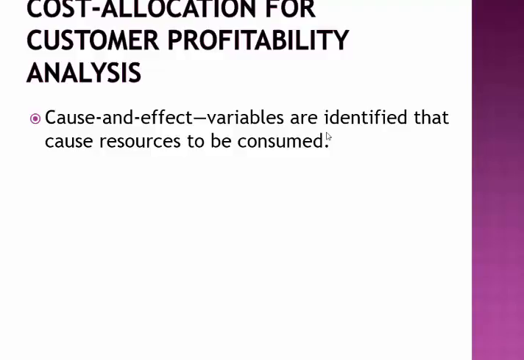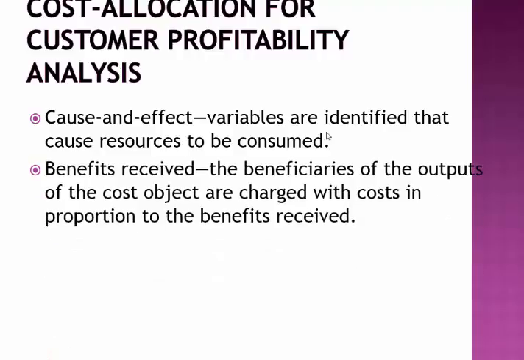What caused us to incur those costs and expenses? Based on what caused them, then let's allocate that cost based on that driver. Alright, benefits received. Who are the beneficiaries of the outputs of the cost object? Then we can charge them with the cost in proportion to the benefits they actually received.